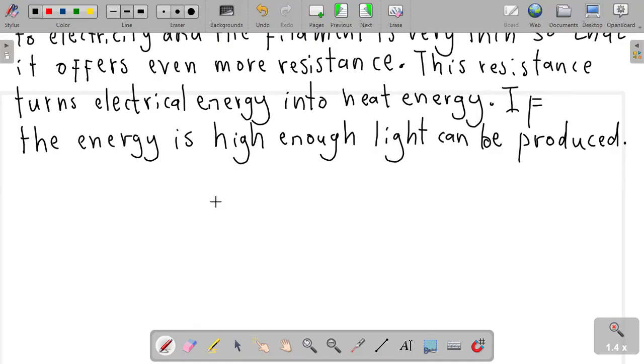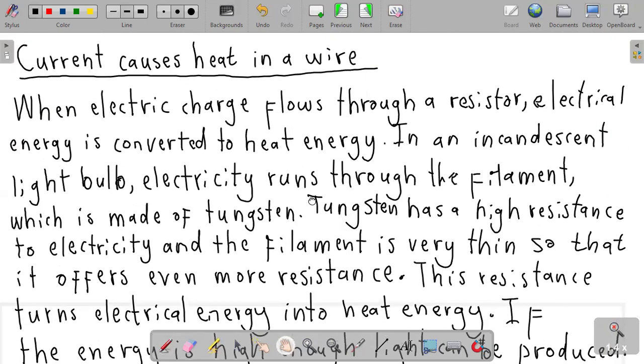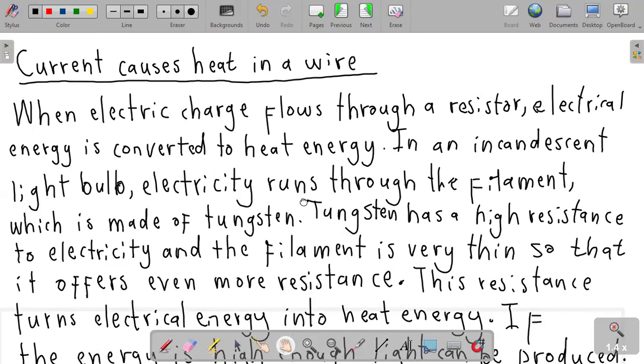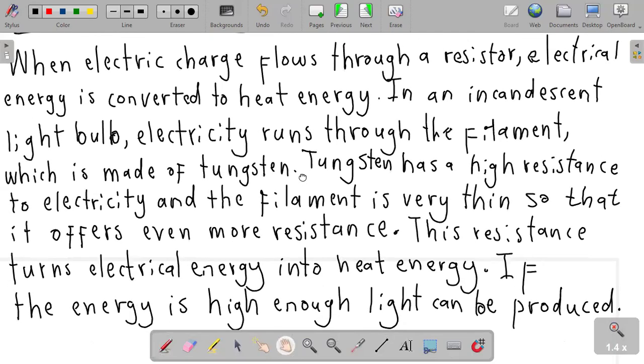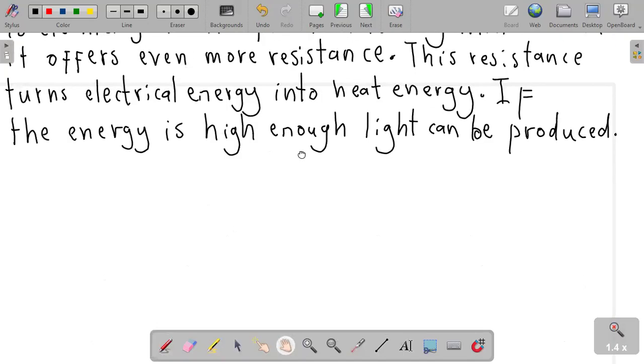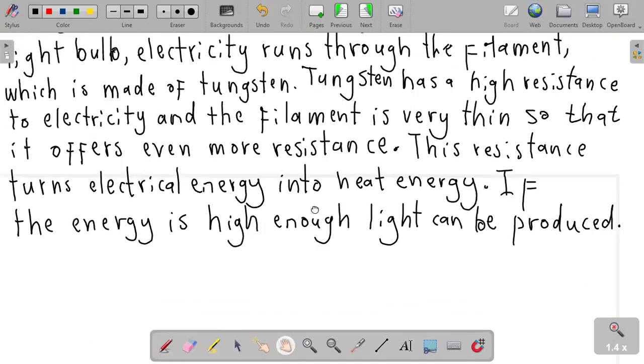So it is the resistance inside the wire that produces the heat. The electric wire has to have resistance. The higher the resistance, the more heat energy is produced.